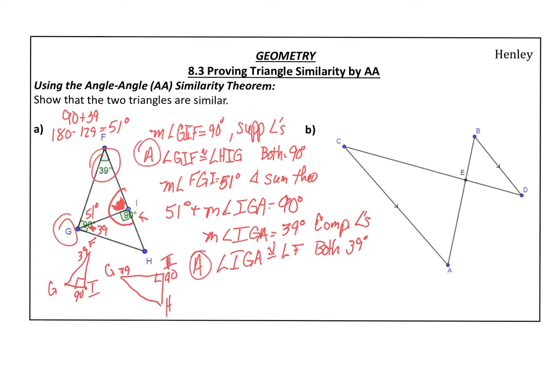So we have two congruent angles there. So because of that, we can say that triangle GIF is similar to triangle HIG. And the reason is the angle-angle similarity theorem.